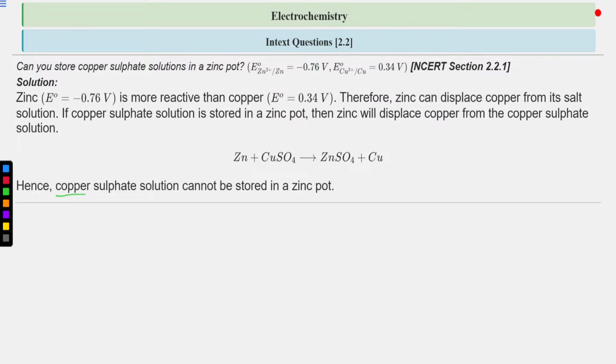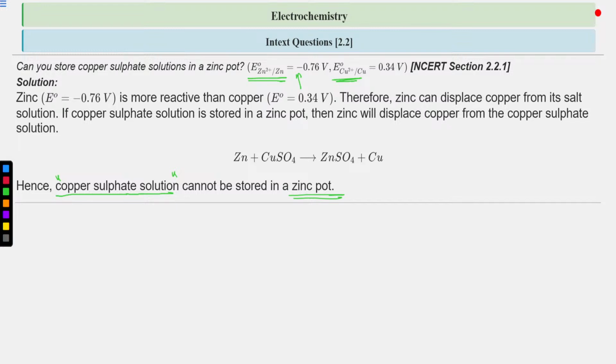Hence, we cannot store this copper sulfate solution in a zinc pot, because zinc is more reactive than the copper. And we determine this by seeing their E naught values. The zinc value is negative. That means if you relate it to the electrochemical series, the E naught value negative is at the bottom side.